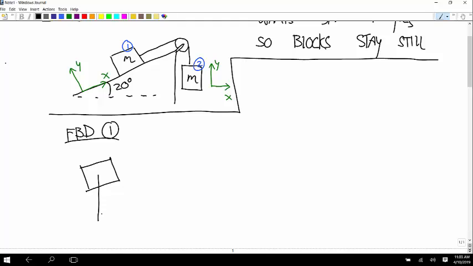We have a downward force of mg, a normal force perpendicular to the surface, a cable force T, and then we also have a friction force.